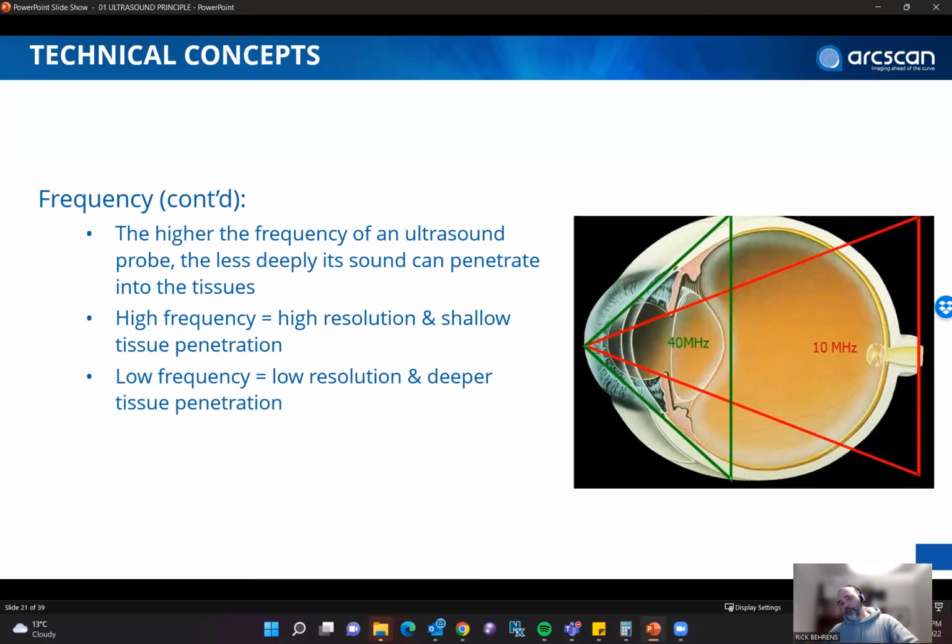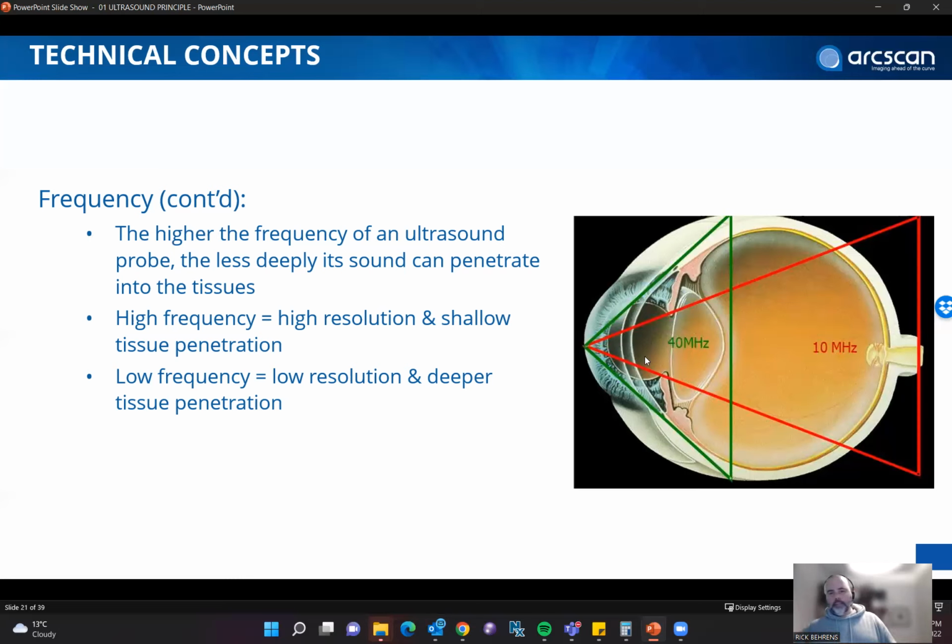We're using 50 megahertz, an optimal frequency, and I know it says 40, but with 50 megahertz we can see the back of the crystalline lens, and we can see the cornea with really good resolution.